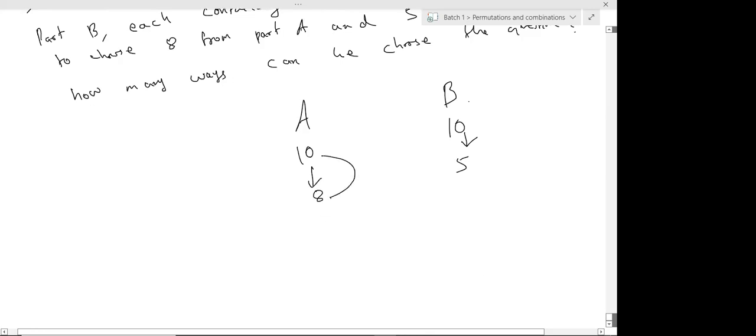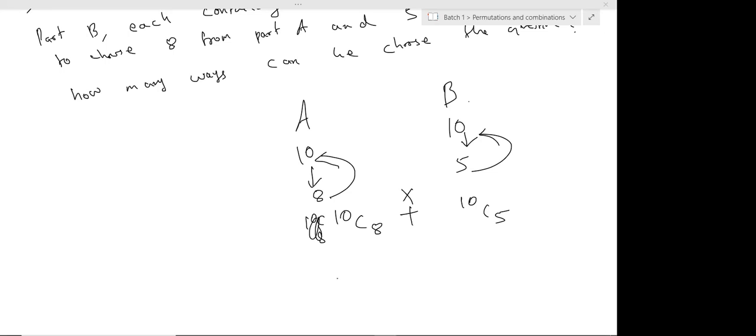So 8 questions out of 10 is 10C8, and 5 questions out of 10 is 10C5. Now the question is, shall we add them or multiply them? What should I do? Shravya, can you answer?